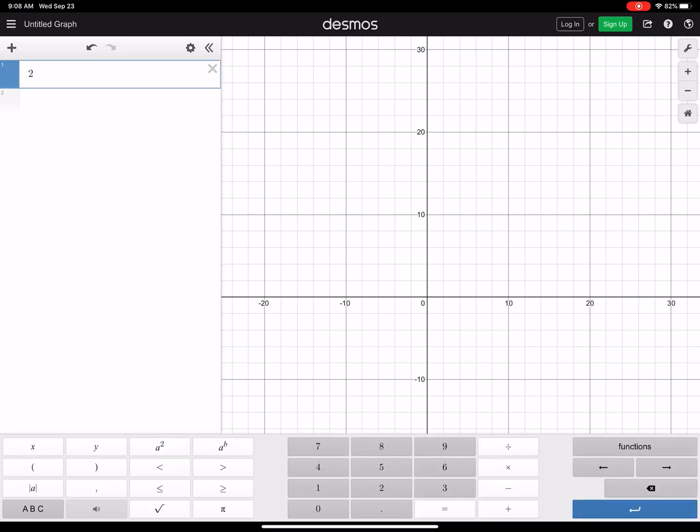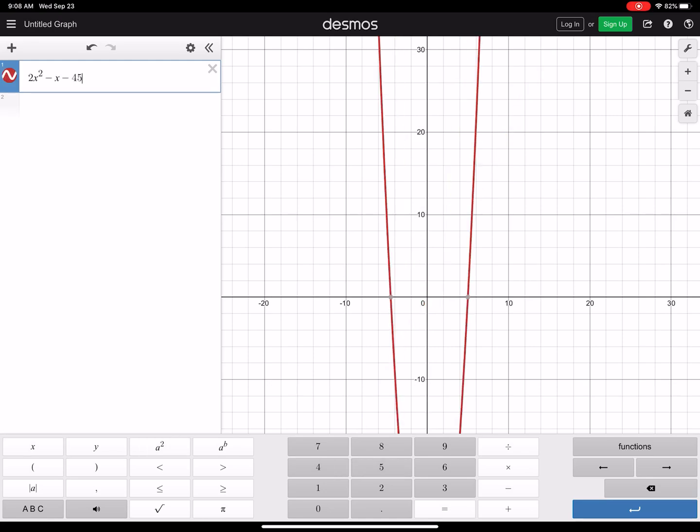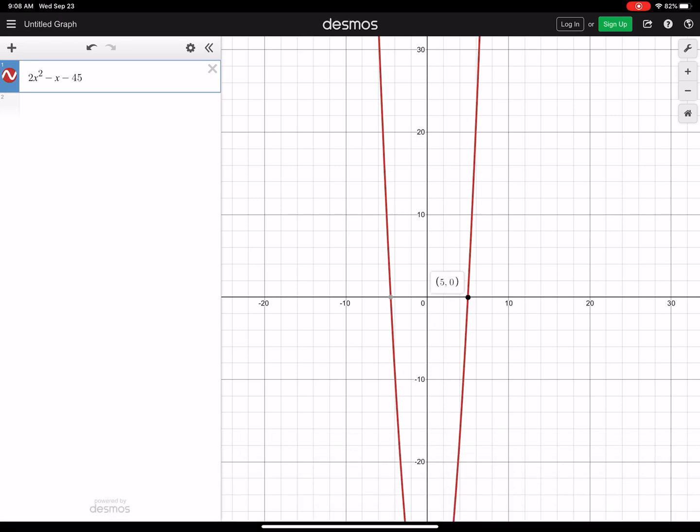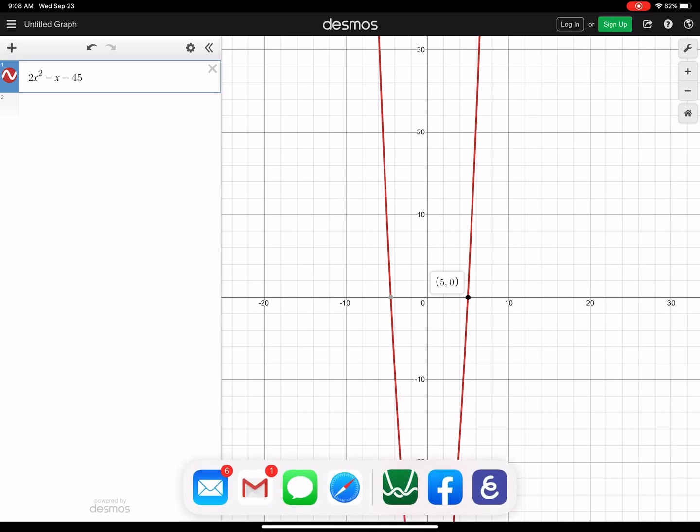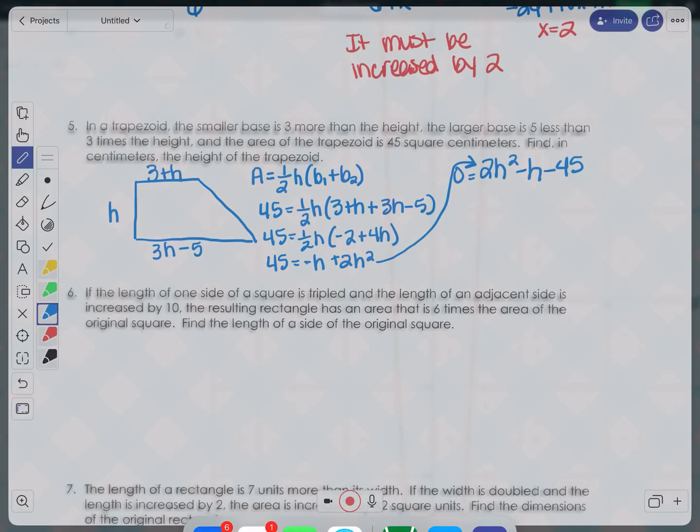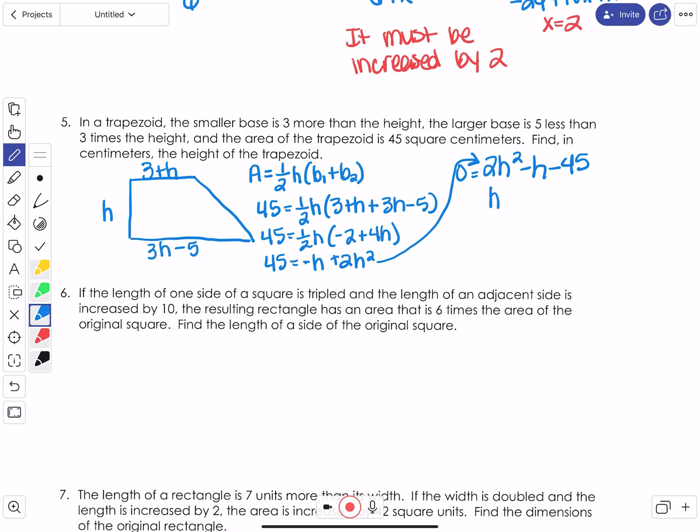So I have 2x squared minus x minus 45. Once again, we're always using the positive value. You're not ever going to use the negative. So 5 is our value. So h equals 5.